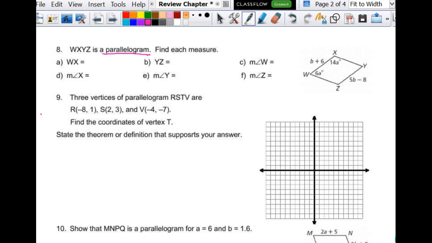So the length of WX is B plus 6. That's what I'm looking for. I know if it's a parallelogram, then the opposite sides are congruent. So that tells me I can do B plus 6 equals 5B minus 8. So it's going to give me 14 equals 4B. So B is equal to 14 over 4, which is 7 over 2.